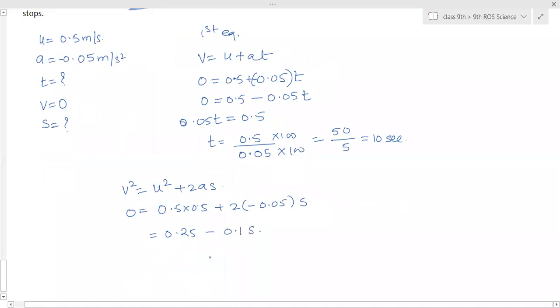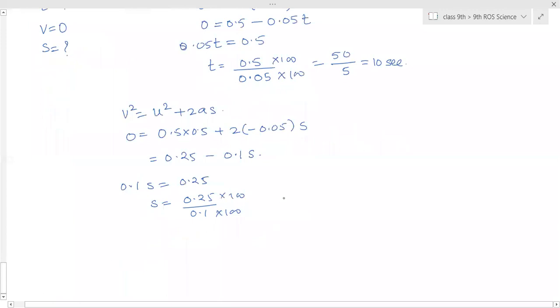This minus 0.1 s transfers to the other side. 0.1 s is equal to 0.25. S is equal to 0.25 by 0.1. Multiply with 100, so this becomes 25 divided by 10.